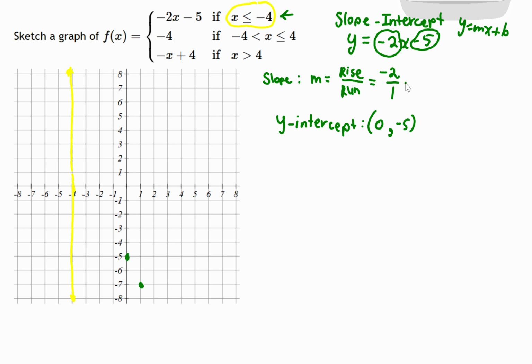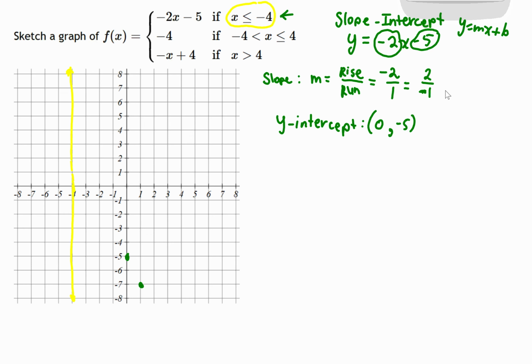And notice that I could also write a negative 2 as positive 2 divided by negative 1. Because as long as I'm dividing a negative by a positive or a positive by a negative, the result is going to be negative.